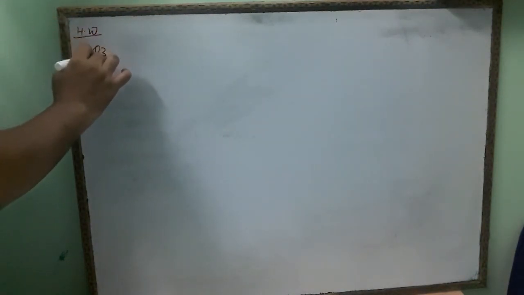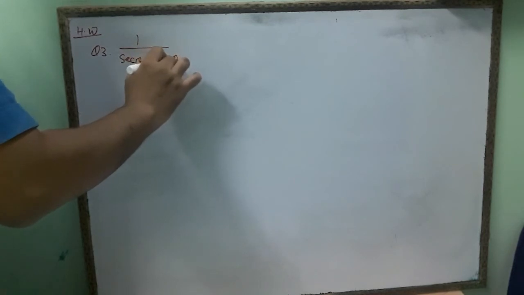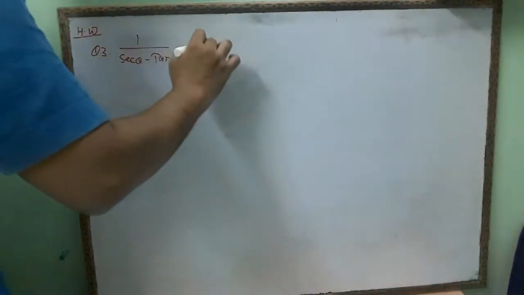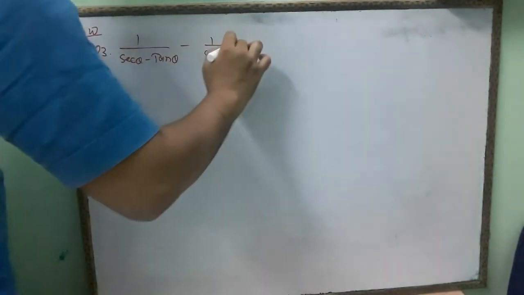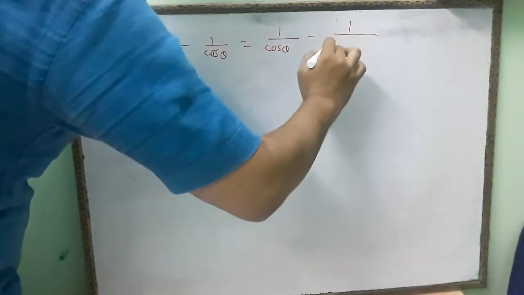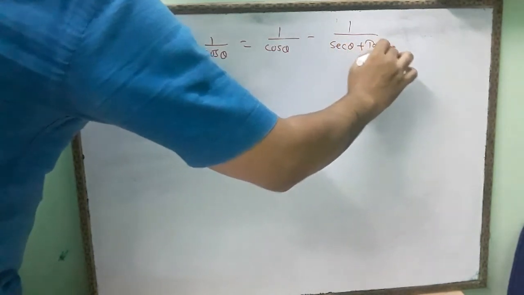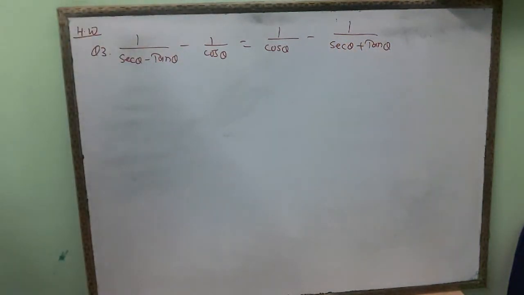The question is this one: 1 by sec theta minus tan theta minus 1 by cos theta is equal to 1 by cos theta minus 1 by sec theta plus tan theta. This is the question. You can practice this question at your home.